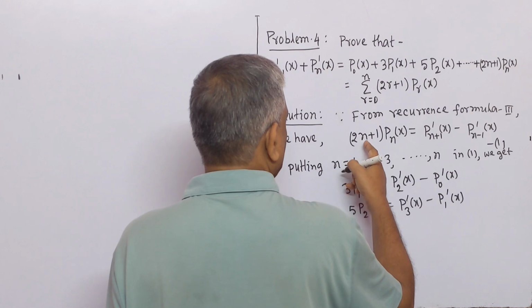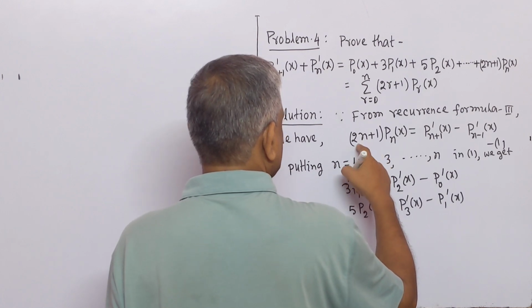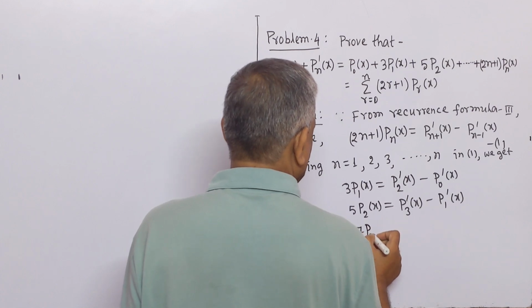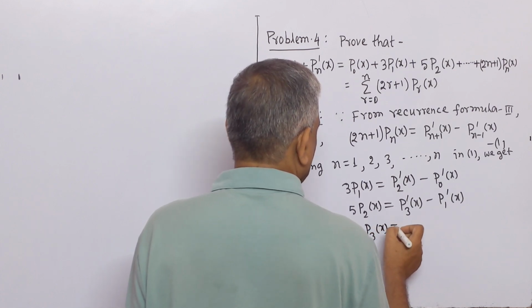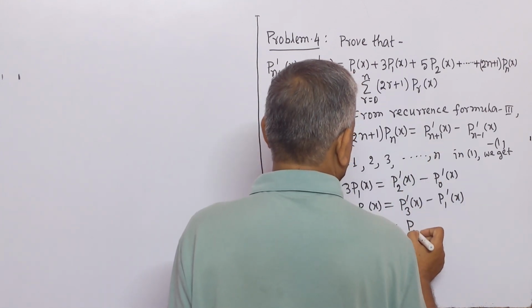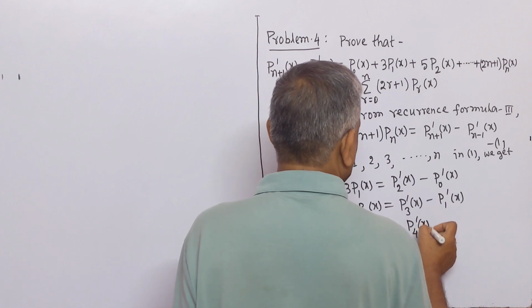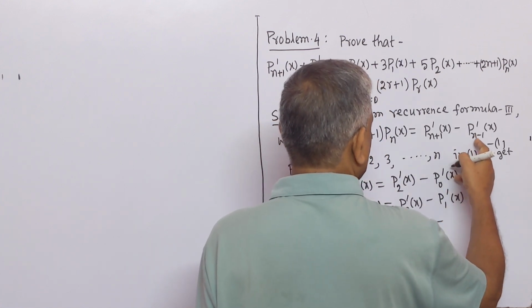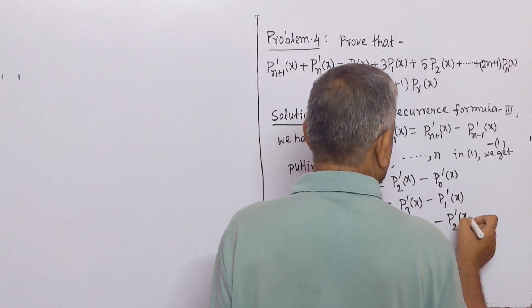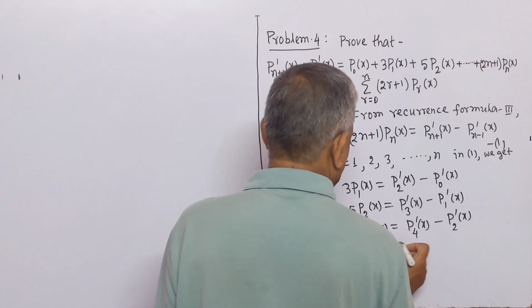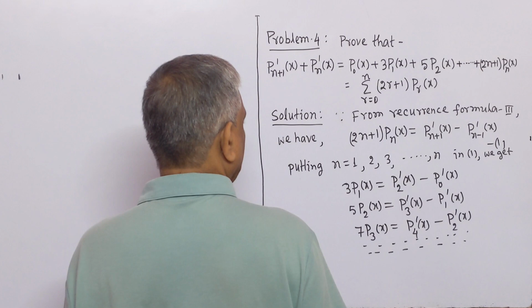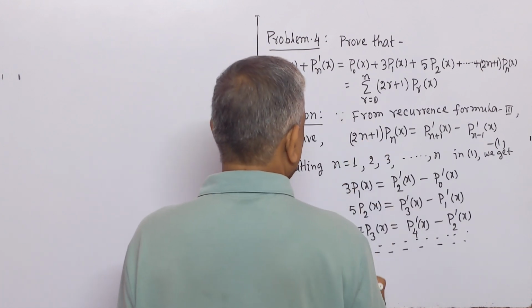Putting n equal to 3, 3 times 2 is 6 plus 1, 7: 7 P_3(x) = P_4'(x) - P_2'(x), and so on.